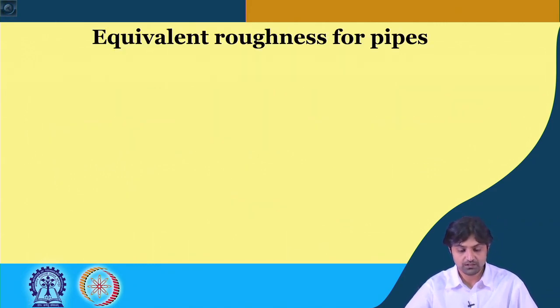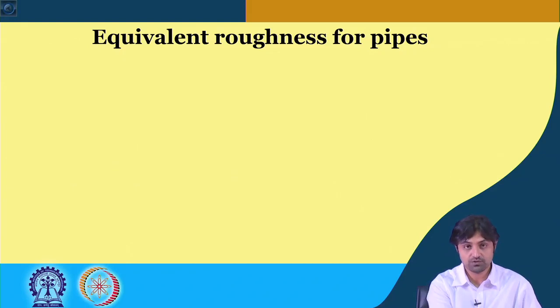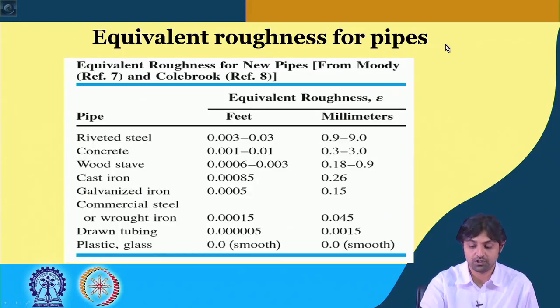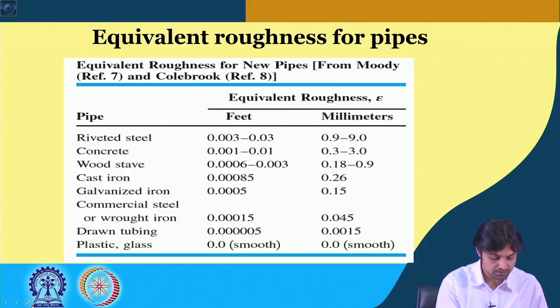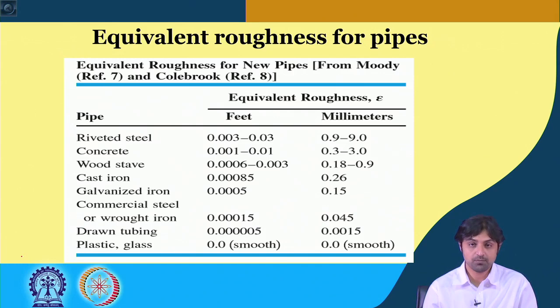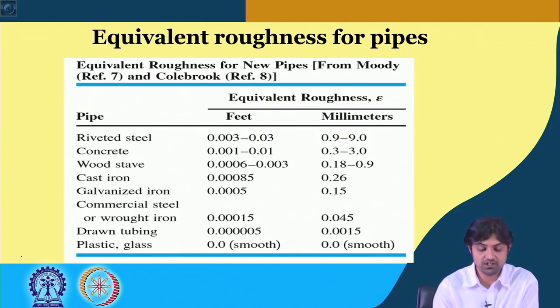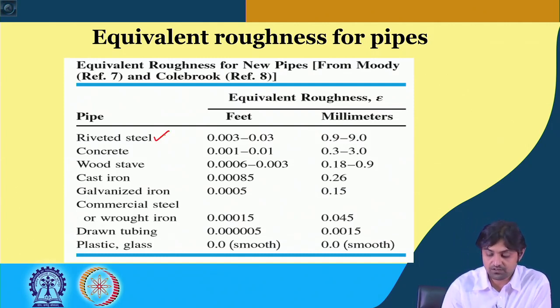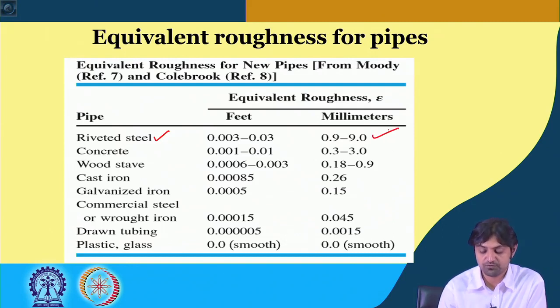Moving ahead. Before we close this class, I would like to take up what is the equivalent roughness for the pipes, epsilon. Epsilon is a material property, and it can be obtained for practical purposes from tables like this. Here it is given that for riveted steel epsilon varies from 0.9 to 9.0.